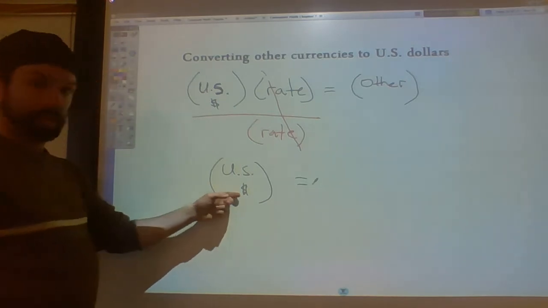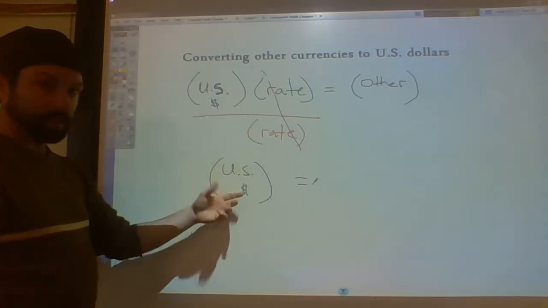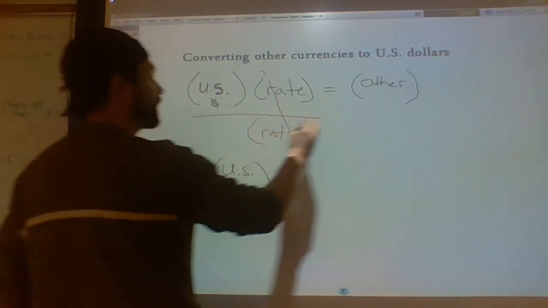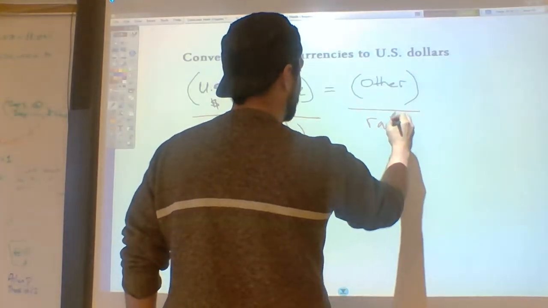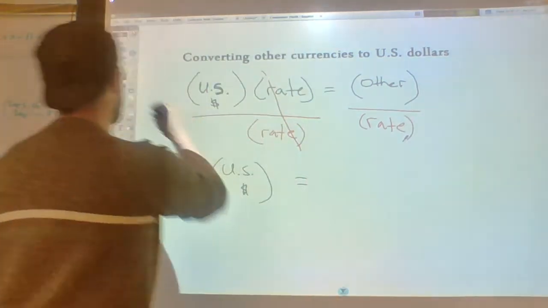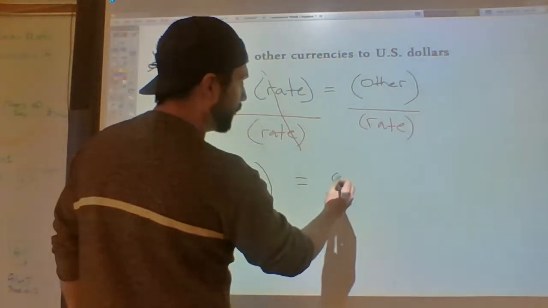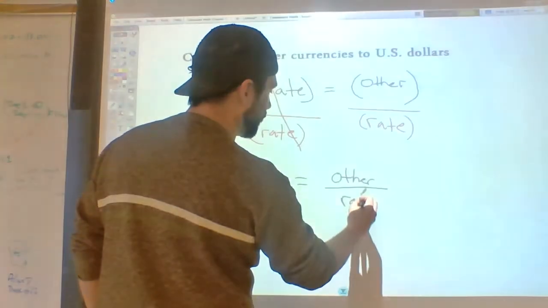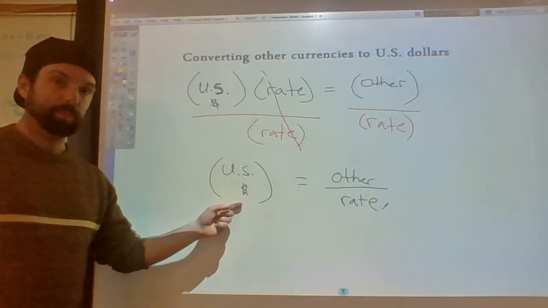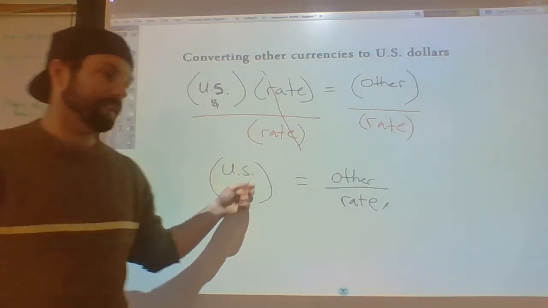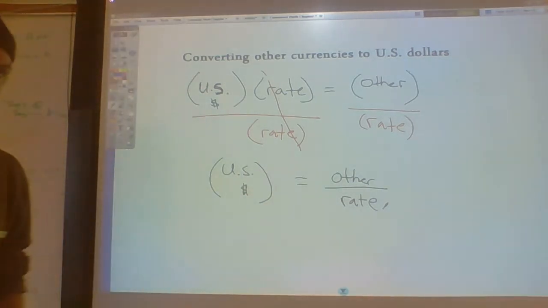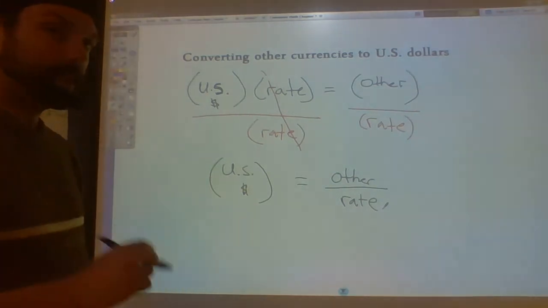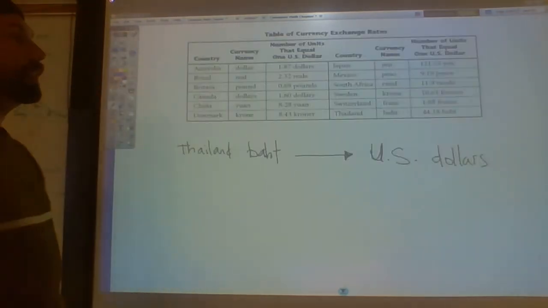And if I do one thing to one side, I have to do the same thing to the other side. So what this is going to tell us is that if we take our other amount of currency and we divide it by the rate, then we'll be able to figure out how much American dollars this amount is worth. Okay, so we're using the same equation, rearranging it, using that algebra from back in the day.